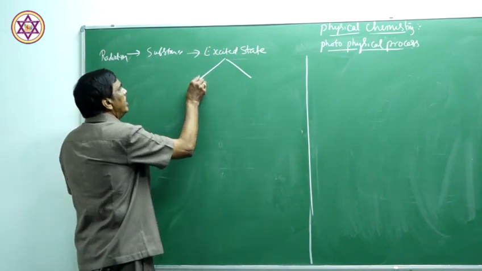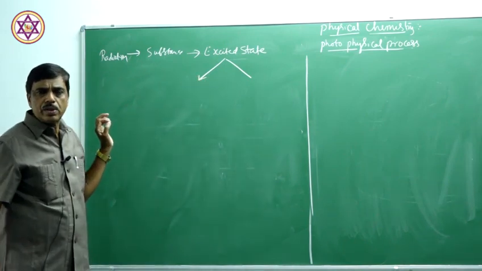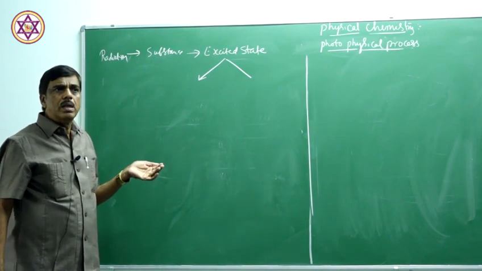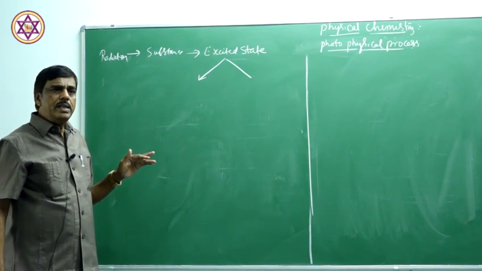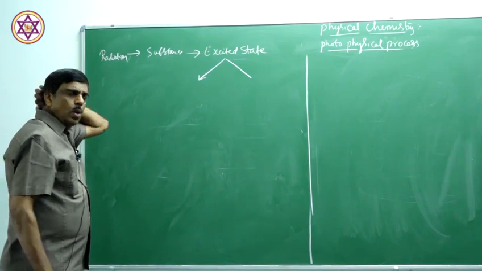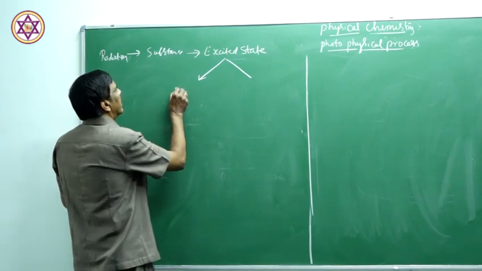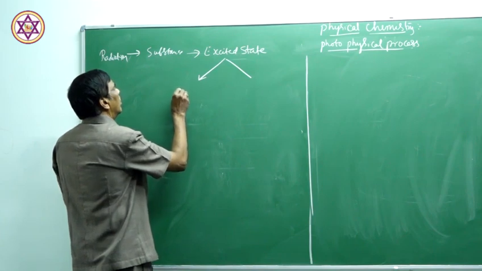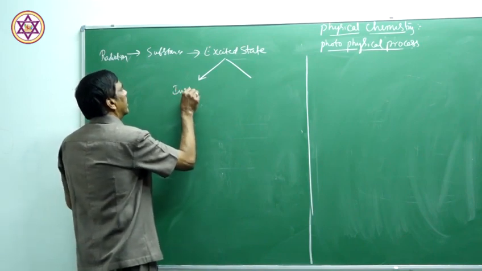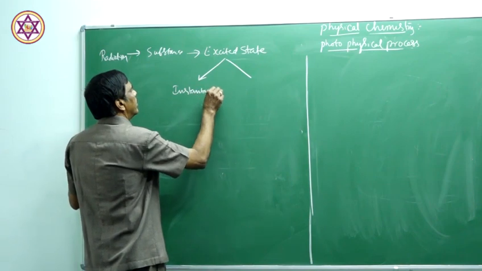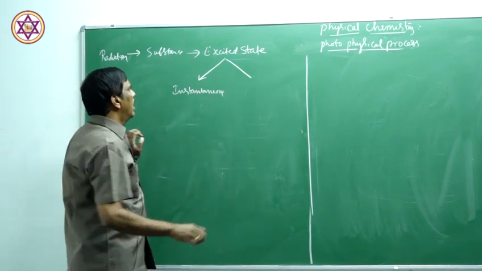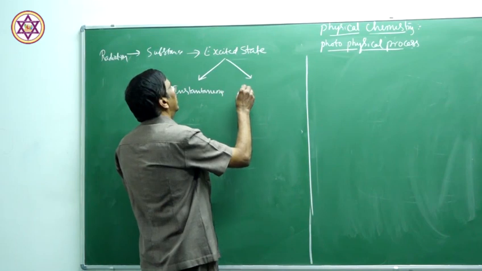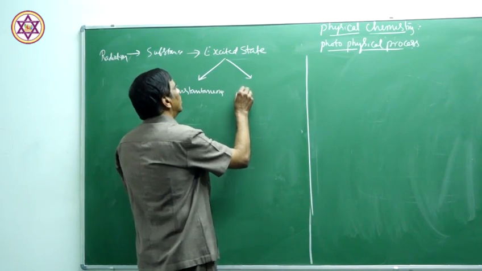Light is absorbed and emitted, and in this emission there are two types. One is instantaneous emission of absorbed radiation, or emission takes place slowly.